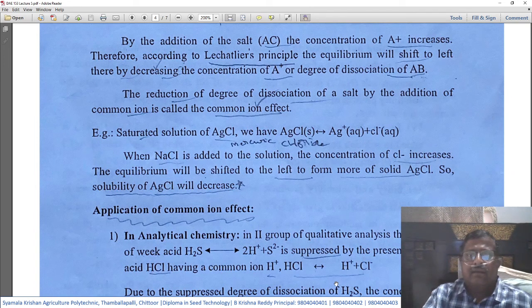Then it is in equilibrium with the Ag plus, that is silver. Ag is silver, argentum.